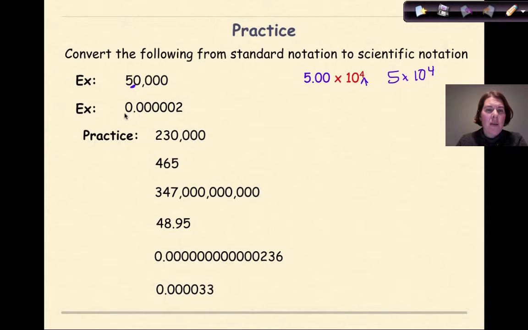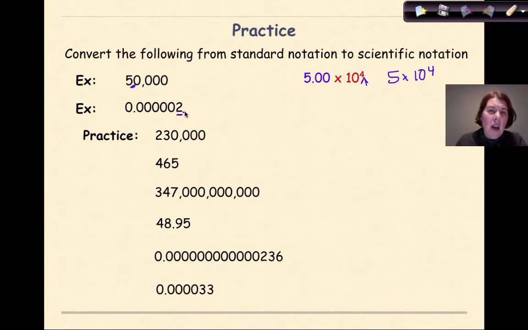The big thing to notice here is that we have a positive exponent because this number is greater than 1. Let's look at our next example. 0.000002. So when we write this, the 2 is going to be in the ones position, a decimal potentially, and then a 0 afterwards, or just 2, the times sign, the 10, but now our exponent is going to be a negative number because this number is less than 1.